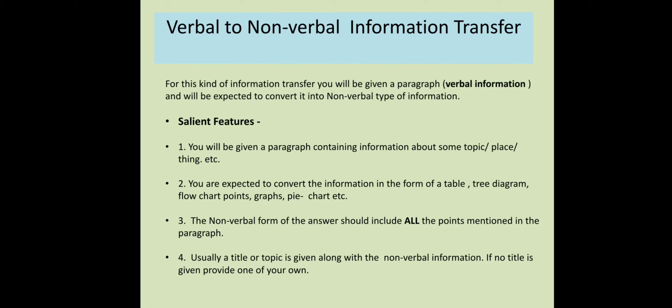First, you will be given a paragraph containing information about some topic, place, thing, etc. You are expected to convert the information in the form of a table, tree diagram, flowchart, points, graphs, pie chart, etc. So that given paragraph you have to convert into any of these, into a form of a table, into a form of tree diagram, into a form of flowchart, points or graphs, pie chart, etc.